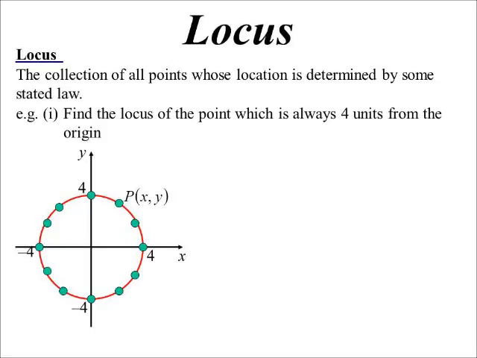So I could say, the distance from this random point x, y to the origin 0, 0, using my distance formula, square root of x minus 0 squared plus y minus 0 squared, I know that should equal 4. Square both sides, and then there's my answer. x squared plus y squared is 16. So if I didn't see it by using logic and playing around with the points, I can always go back to coordinate geometry and get the answer.